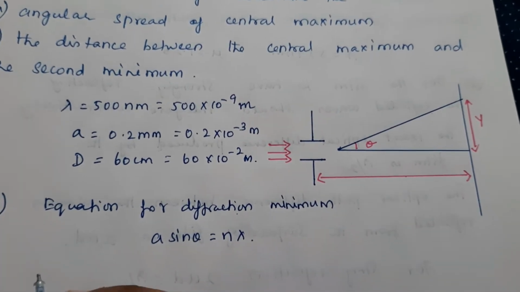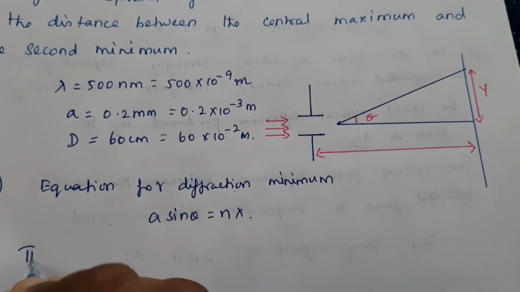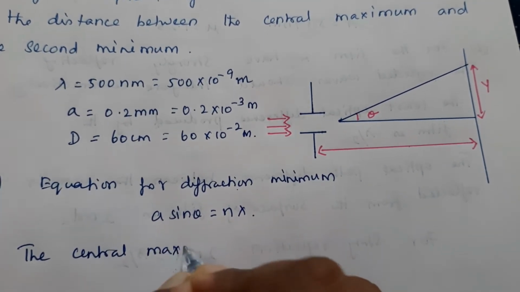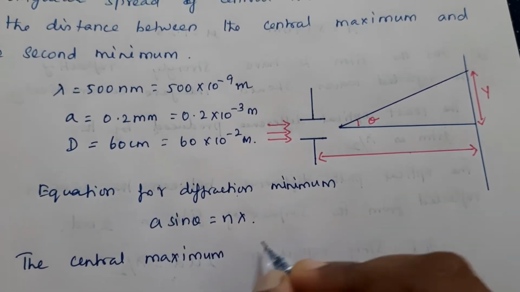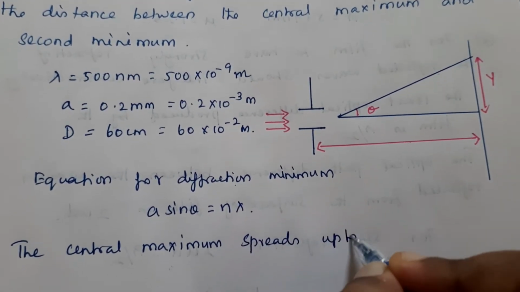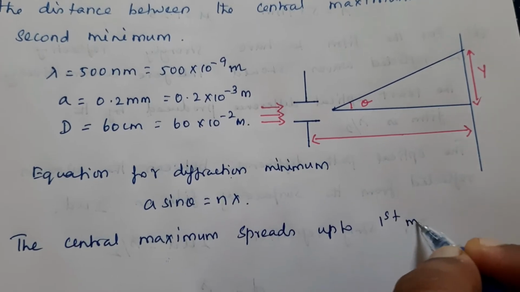Now you have to find out the angular spread of central maximum. The central maximum here spreads up to the first minimum.